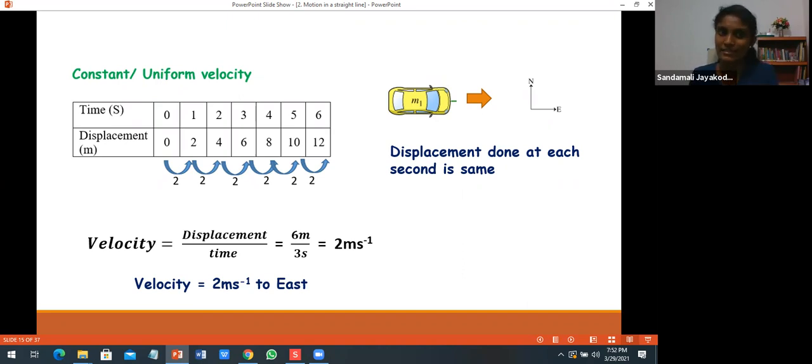And in the second second also, the displacement is 2 meters. In that way, the displacement at each time interval is the same. That is the constant or uniform velocity. And also we have to mention the direction.